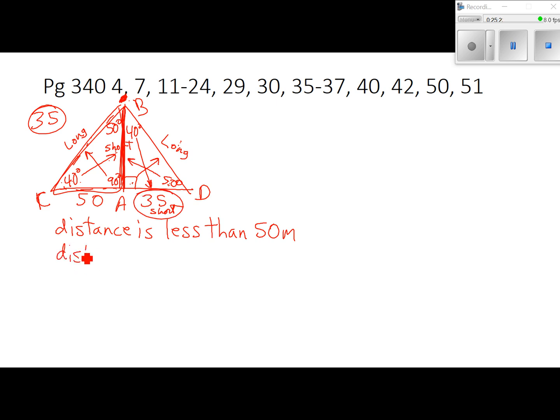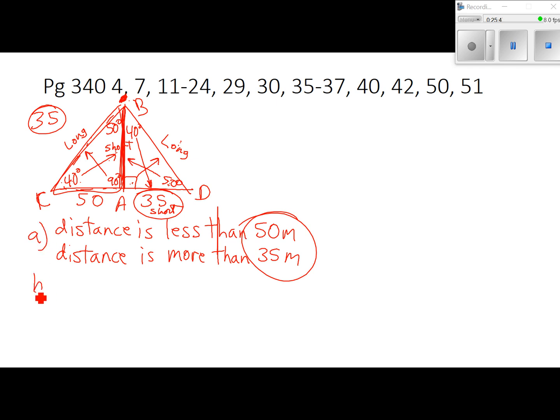So that distance has to be more than 35 meters. If it's more than 35 meters and less than 50 meters, we've got a good range there. It's got to be between 35 and 50. It can't be anything else.